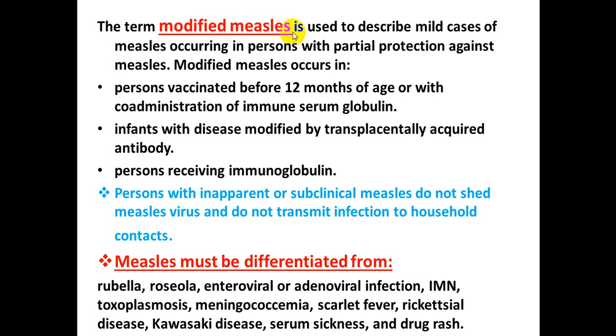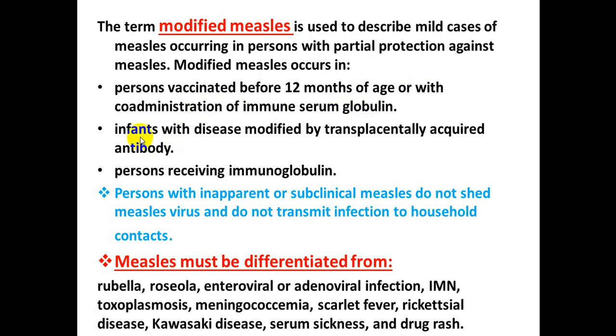Modified measles is a term used to describe mild cases of measles, occurring in persons with partial protection against measles. So, modified measles may develop in persons vaccinated before 12 months of age, or vaccinated with the co-administration of the immune serum globulin.